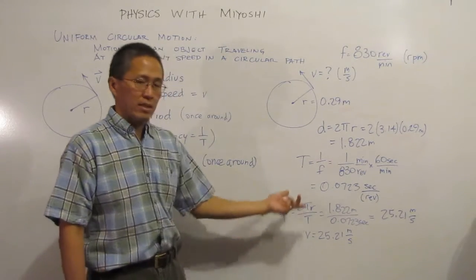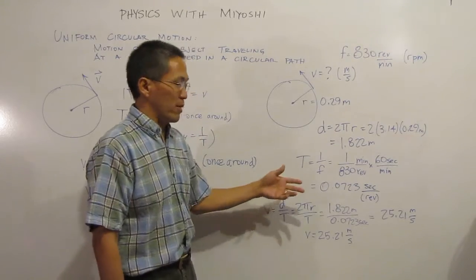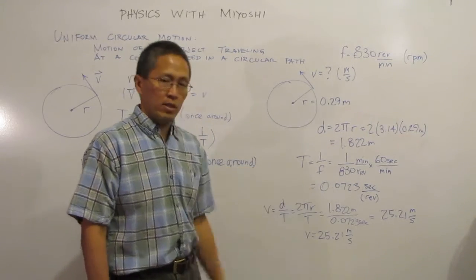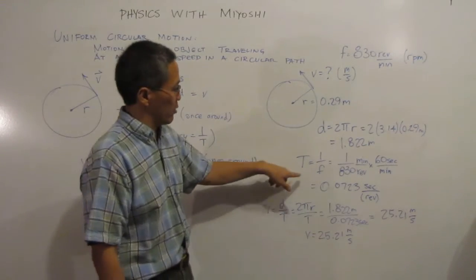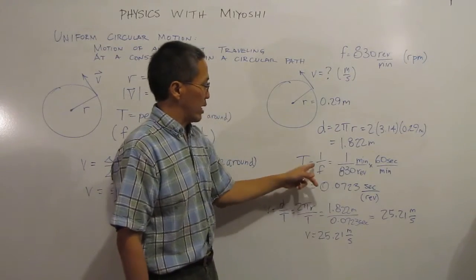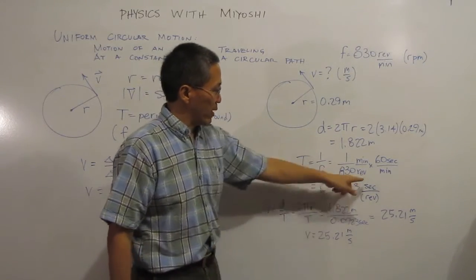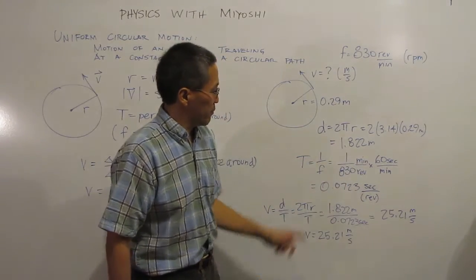Our frequency, that's our period. That's the thing we have to go way back to the beginning and think about changing our units. Our period and frequency are reciprocals of each other. So the period is 1 over the frequency, which is 1 over this 830. So I have 1 over 830 revolutions per minute. So I want to change that to seconds.